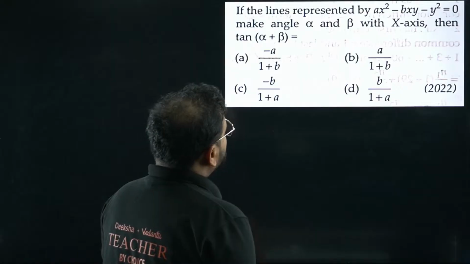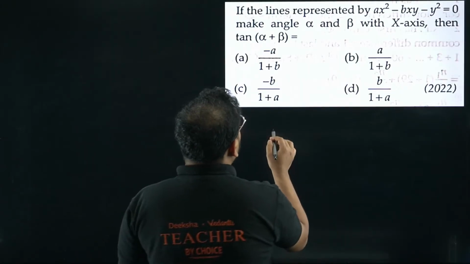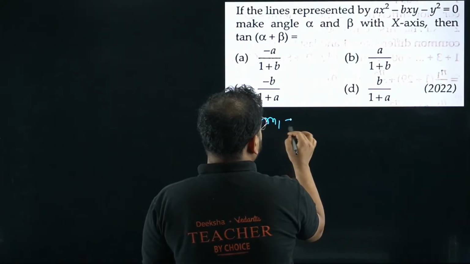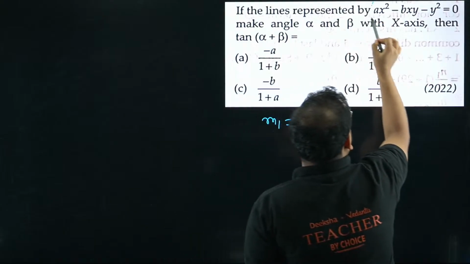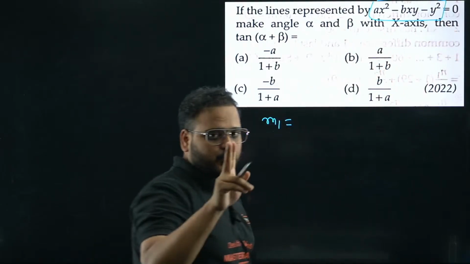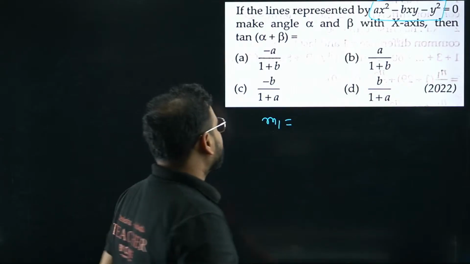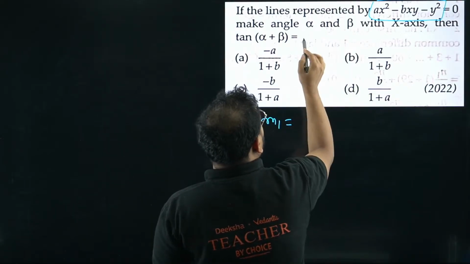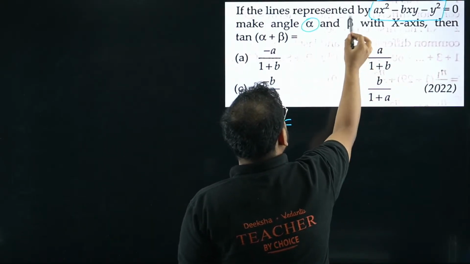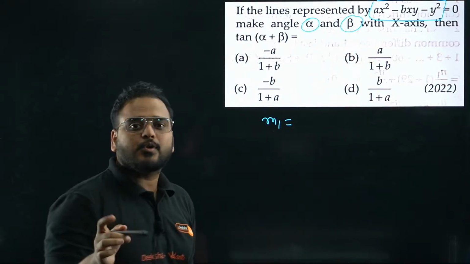Let's say the slope I can write as m1, because this represents a family of straight lines. So there will be 2 straight lines over here. Both lines will have some slopes, m1 and m2, I can take. Alpha is the angle with the x-axis, so basically they're saying that tan alpha will be the slope of the first line.